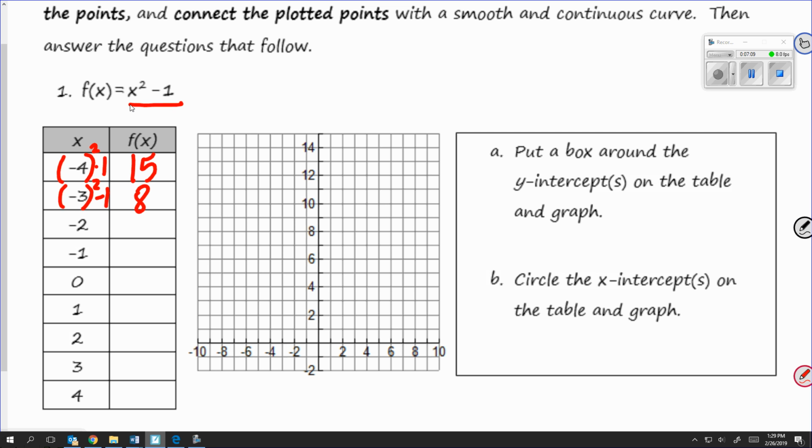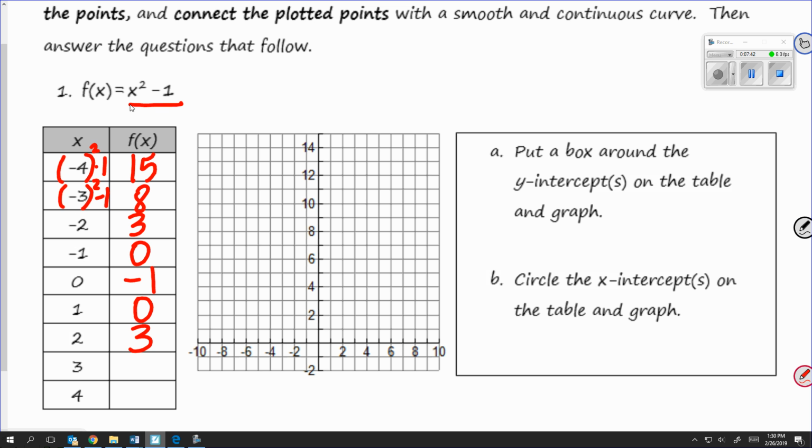-2 squared is going to give 4. I subtract 1, that gives me 3. -1 squared is 1, minus 1 is 0. 0 squared is 0, minus 1 is -1. 1 squared is 1, minus 1 is 0. 2 squared is 4, 4 minus 1 is 3.